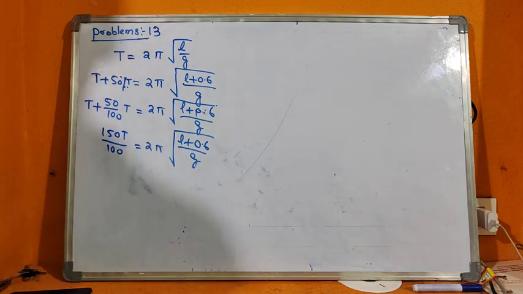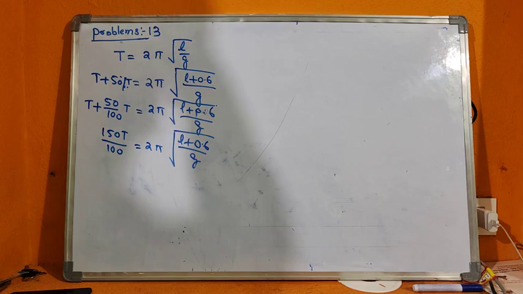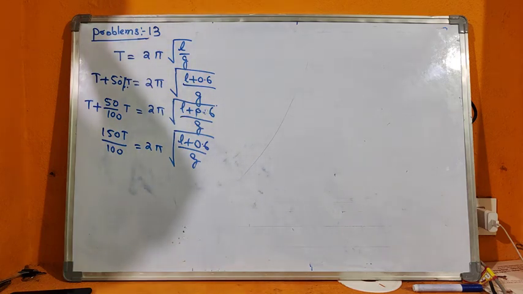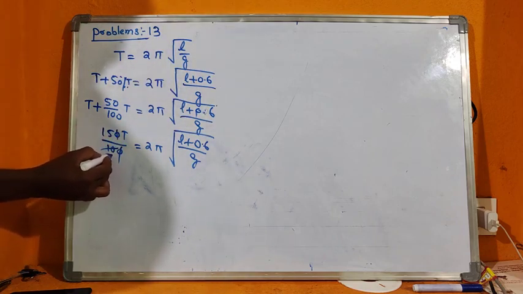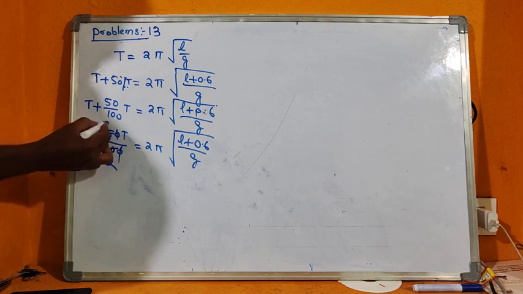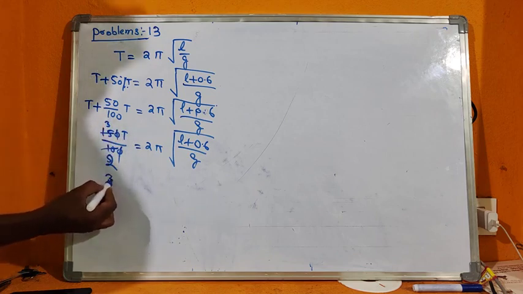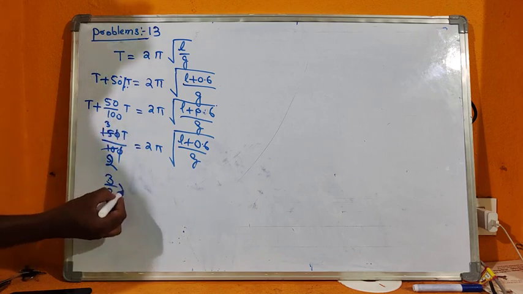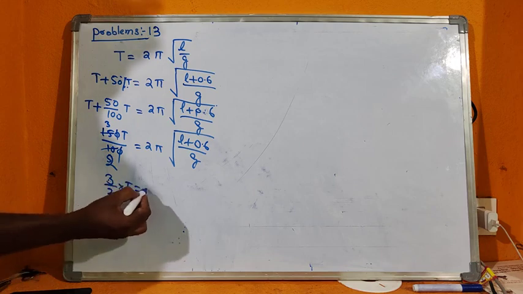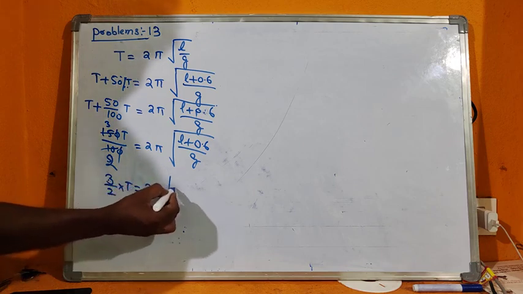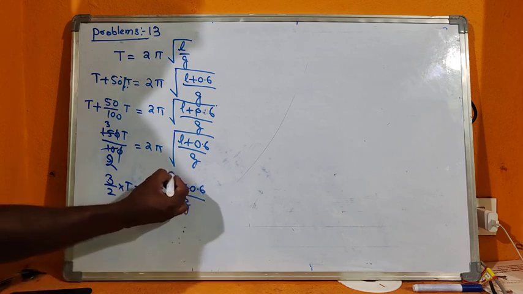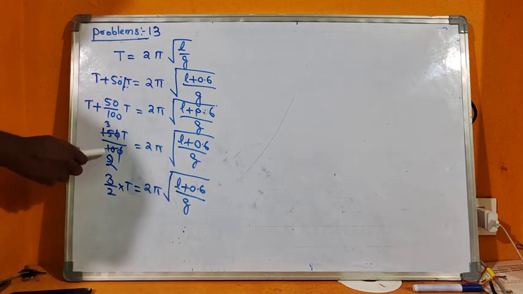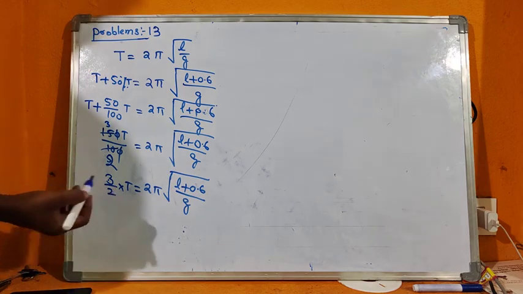Cancelling the common factors, 5 twos and 5 threes, we get 3 by 2 into T is equal to 2 pi under the root of L plus 0.6 by g.